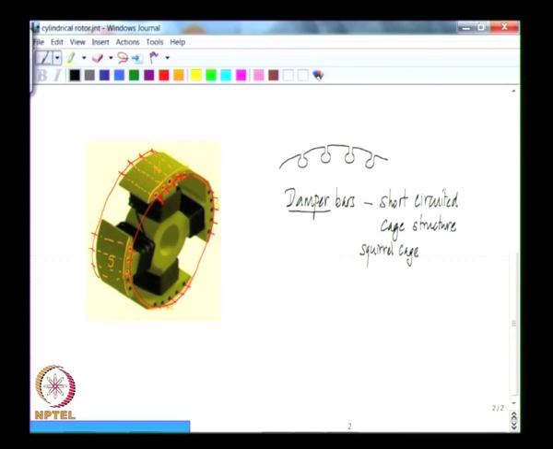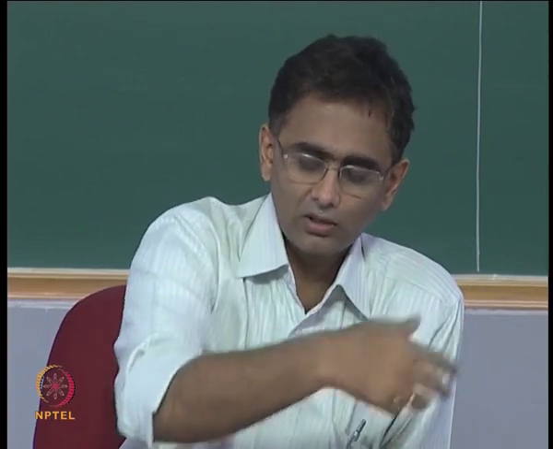Now what happens is, you know that the synchronous machine rotor runs at synchronous speed, and if you want to supply a higher load on the electrical side, you have to increase the input on the mechanical side as well, which is what is responsible for higher electrical output.